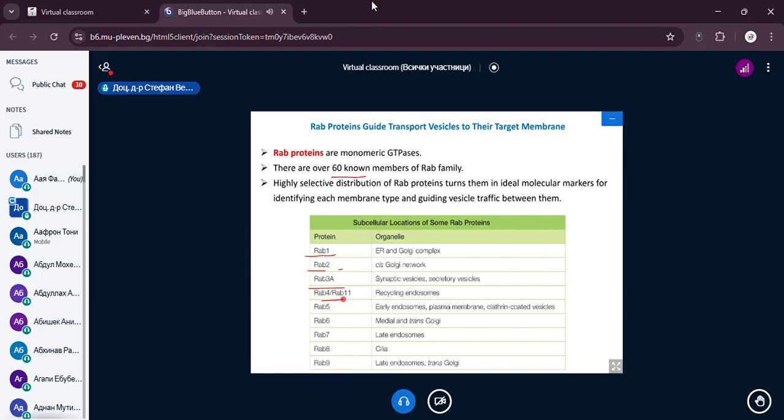We don't have to memorize them, just to realize how exact and accurate a system the cell has developed to aid the process of transportation in the cytoplasm. And these are different RAB proteins present in different membranes of target structures.